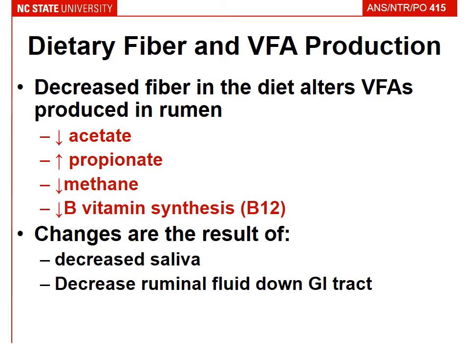So when we have high concentrate diets, we're decreasing the saliva, therefore decreasing the amount of electrolytes or buffers going into the rumen, which results in a decrease in the ruminal pH. In addition, you end up decreasing the amount of ruminal fluid that moves down the GI tract.